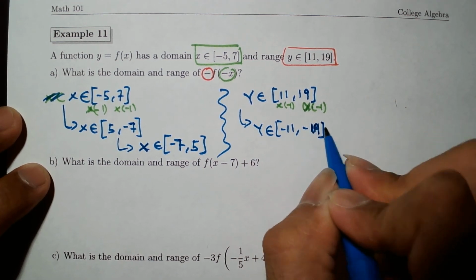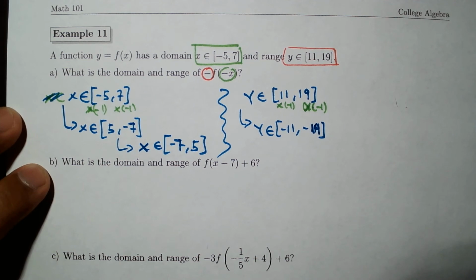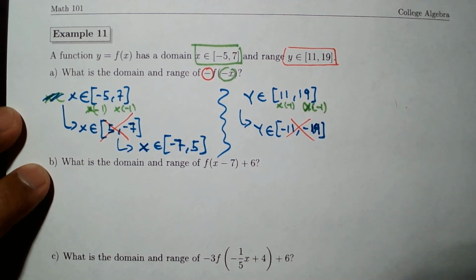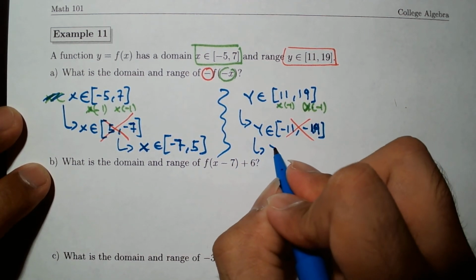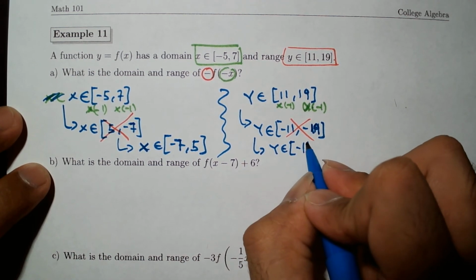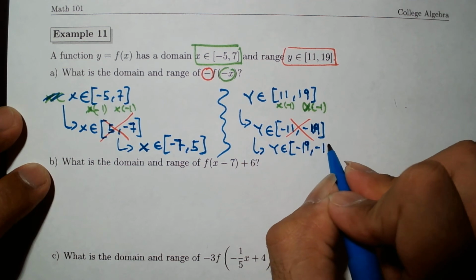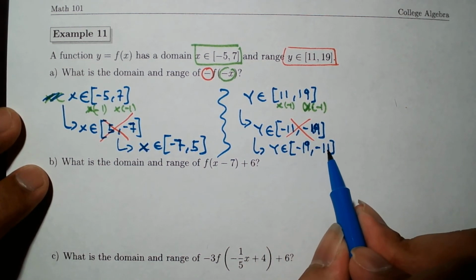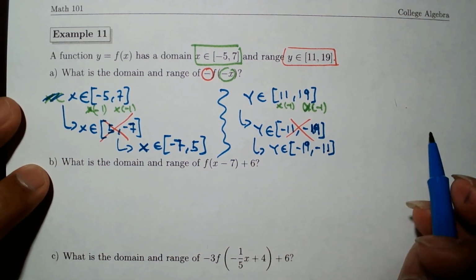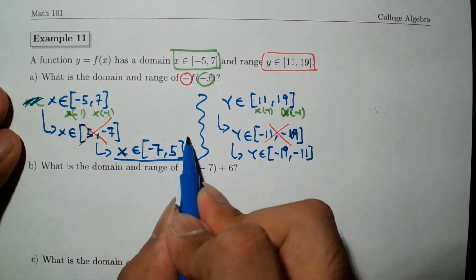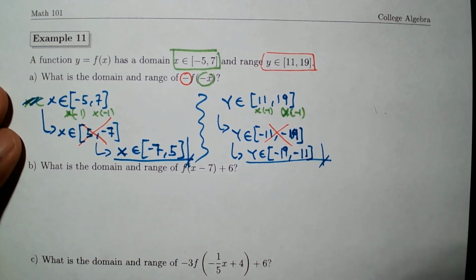But again, this is not the right way to write it. Just the same way this was not right, we go with the correct order. The correct order is then y from -19 to -11, because -19 is smaller than -11. So we go with the correct order. So this is the new domain and this is the new range.